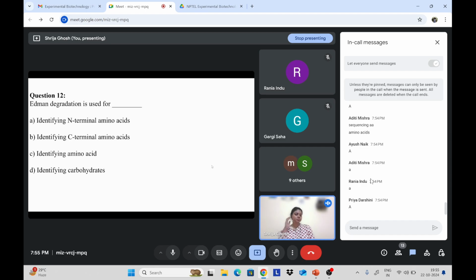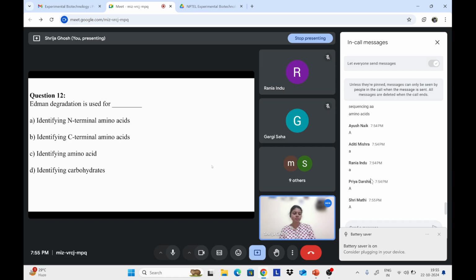Whoever knows the answer, please write. We have 4 answers already, all of them saying option A. Okay, 5 now. Everybody, whoever knows the answer, type it.